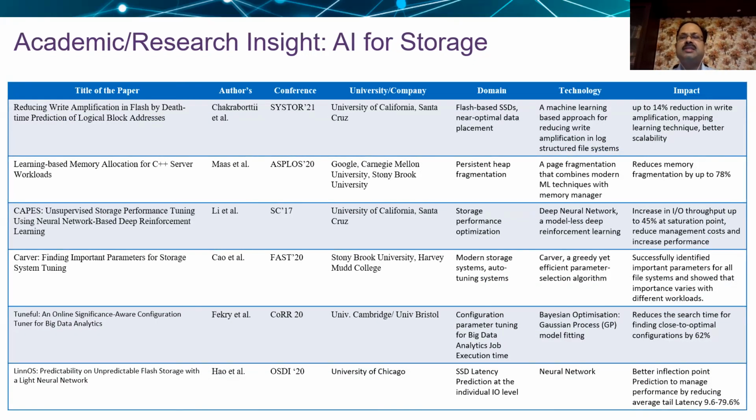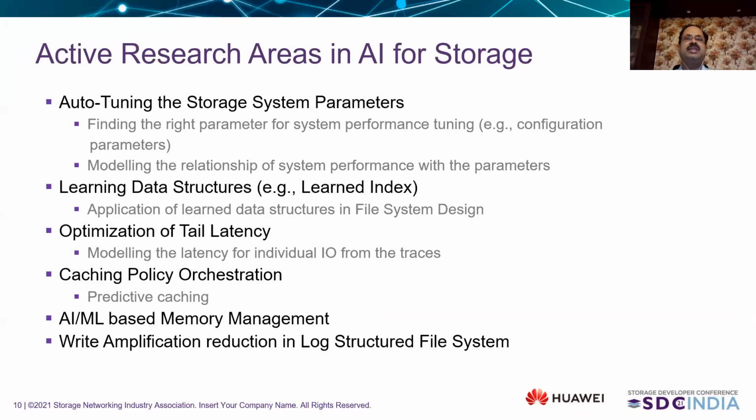But this describes that, starting from file system design to memory management, all these areas are being handled using AI and machine learning. These are some of the active research areas in AI for storage, which are being conducted heavily in academia as well as in the industry.